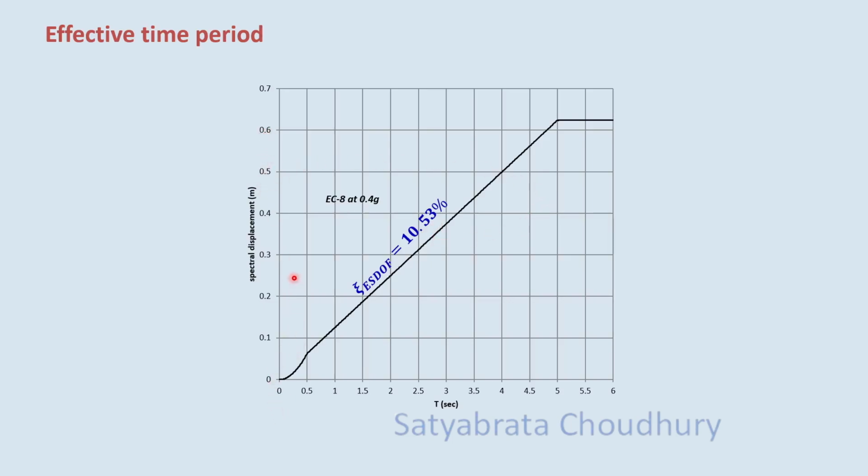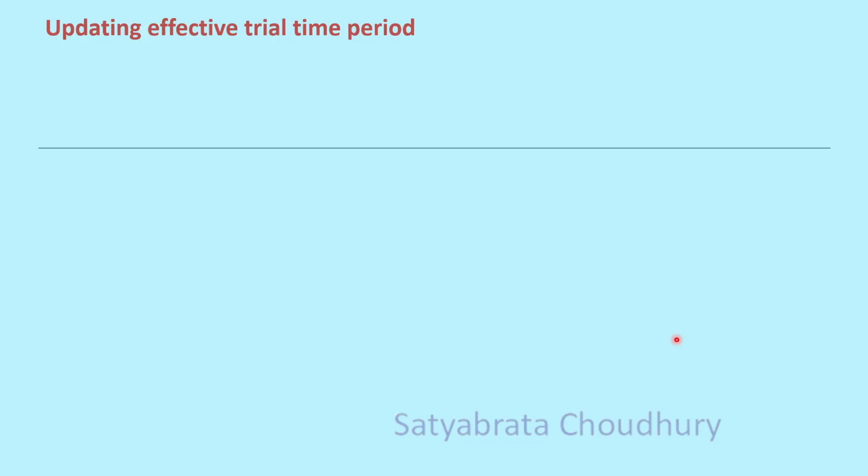This is the displacement axis, the spectral displacement axis. Your design displacement is 0.532 meter. So at this level you draw a line up to this displacement spectrum and then go downward to the time axis. So the time here is your effective time, T equal to 4.44 seconds. So your T is 4.44 seconds, calculated through this spectrum analysis.